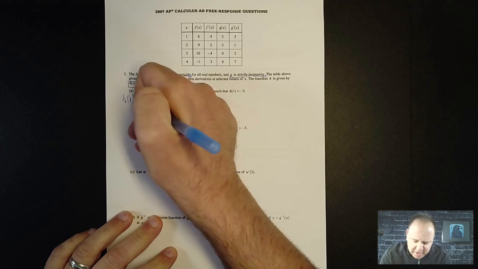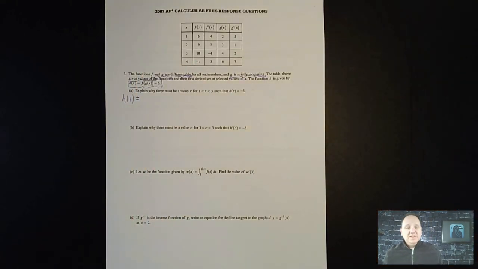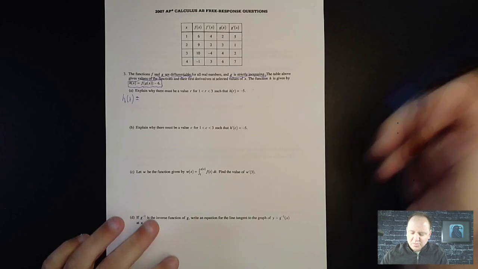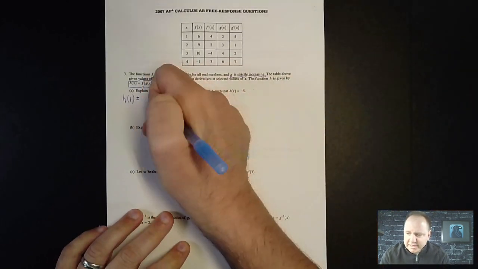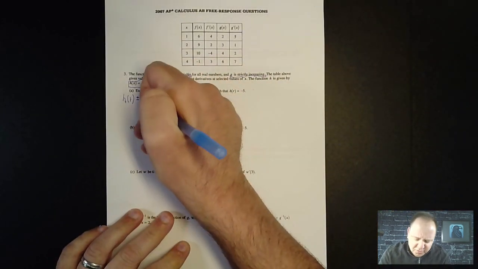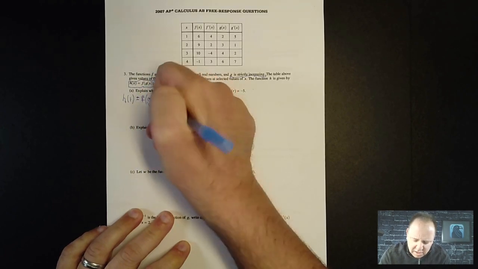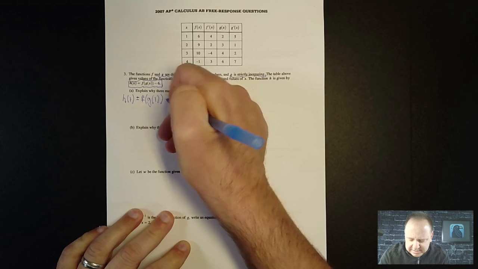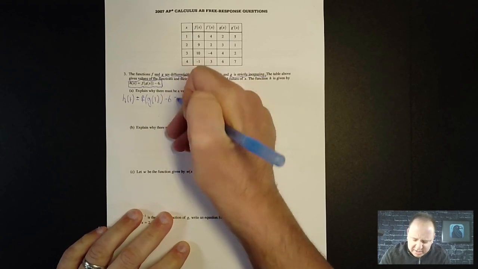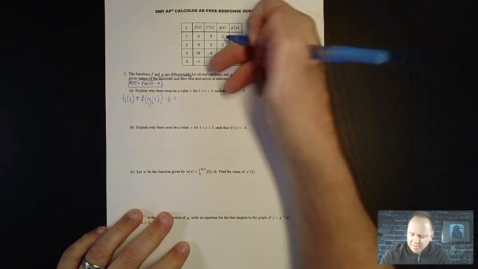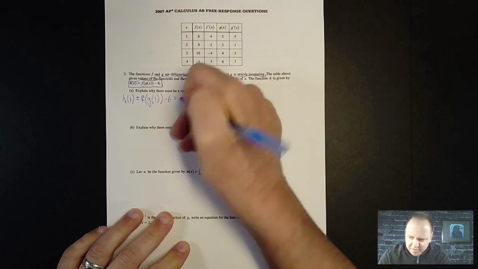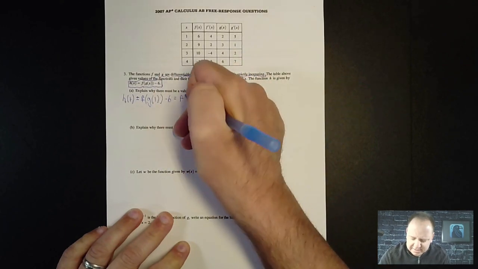There are some fundamentals to IVT, or the intermediate value theorem, that we need to work out. So h of 1 would be f of g of 1 minus 6. And again, I'm just making sure I get these right. So g of 1 is 2, so that'd be f of 2 minus 6.